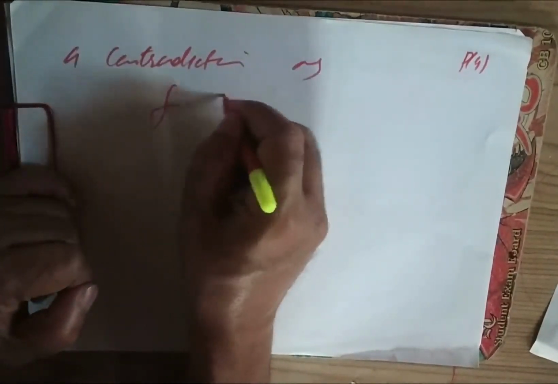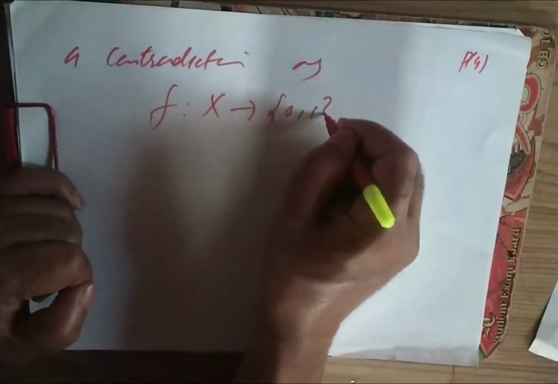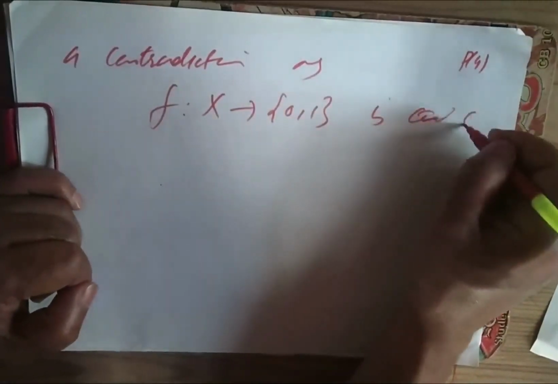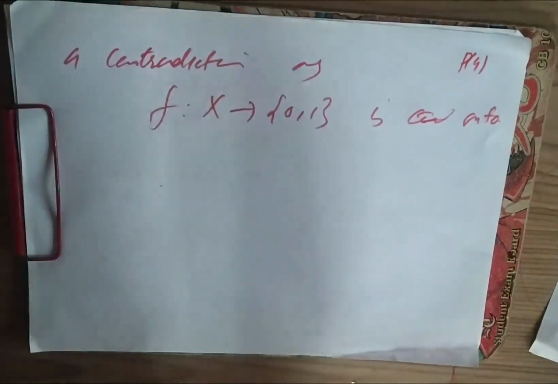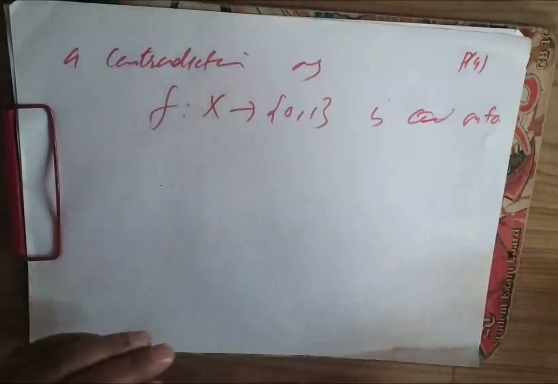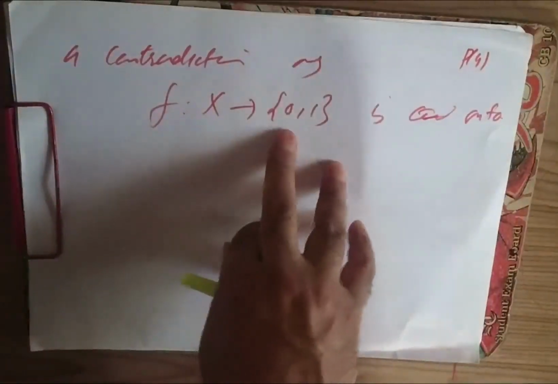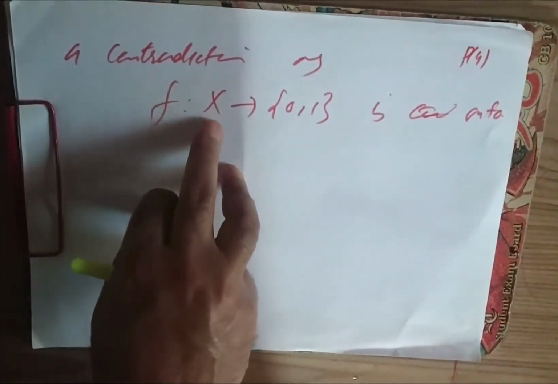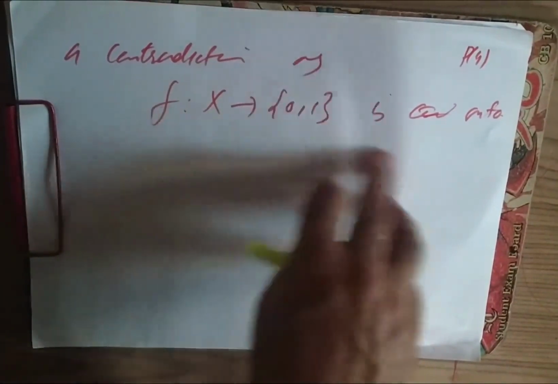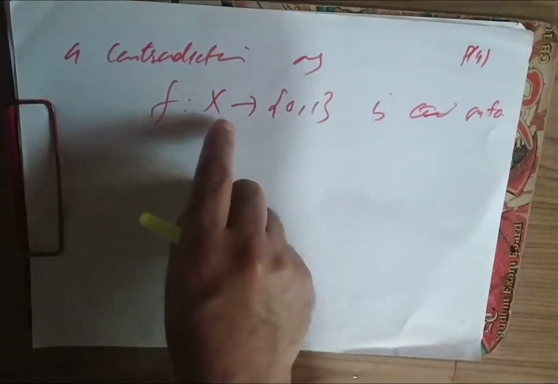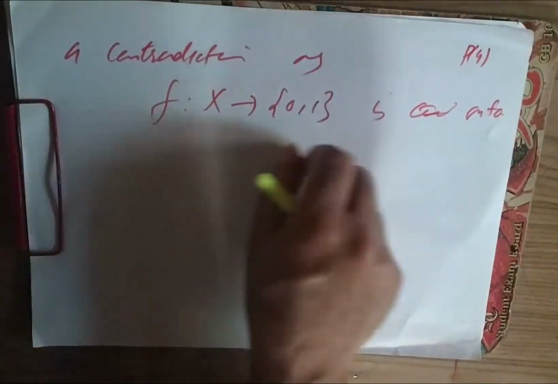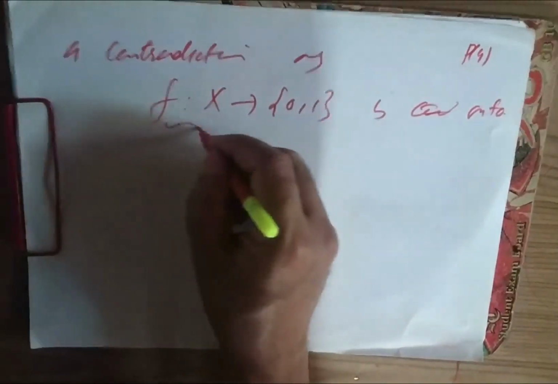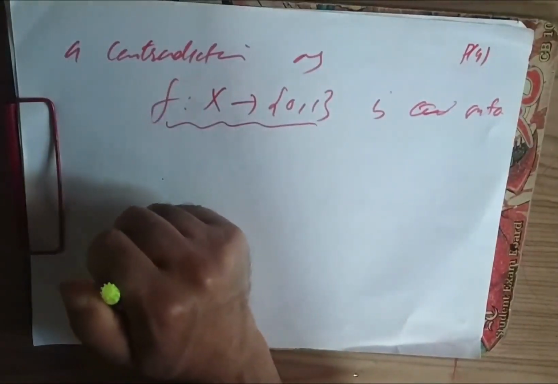As f from X to the discrete space {0,1} is onto, it cannot be constant. But here this f is a constant map. Its value is either 0 or 1 for each point in the product space X. But we have assumed that X is disconnected, therefore this map is onto, so it cannot be constant by our assumption, a contradiction.